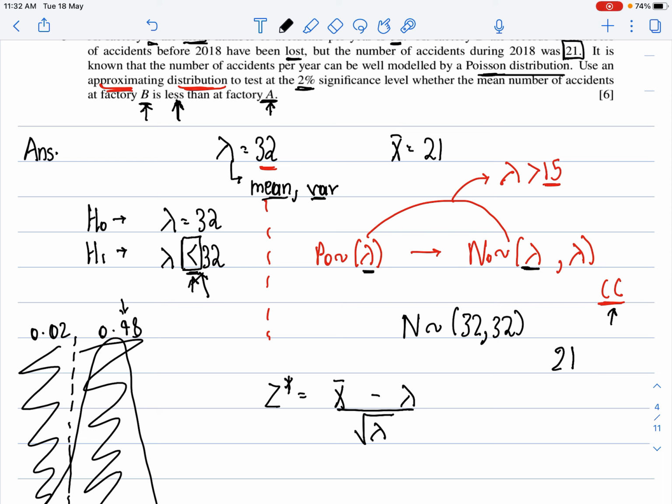But in hypothesis testing, this works the other way around. If it's less than, you go the opposite direction: you write 21 plus 0.5, which gives 21.5. If it's less than, we add 0.5 in hypothesis testing, and if it's more than, we subtract 0.5. This is a very important concept.